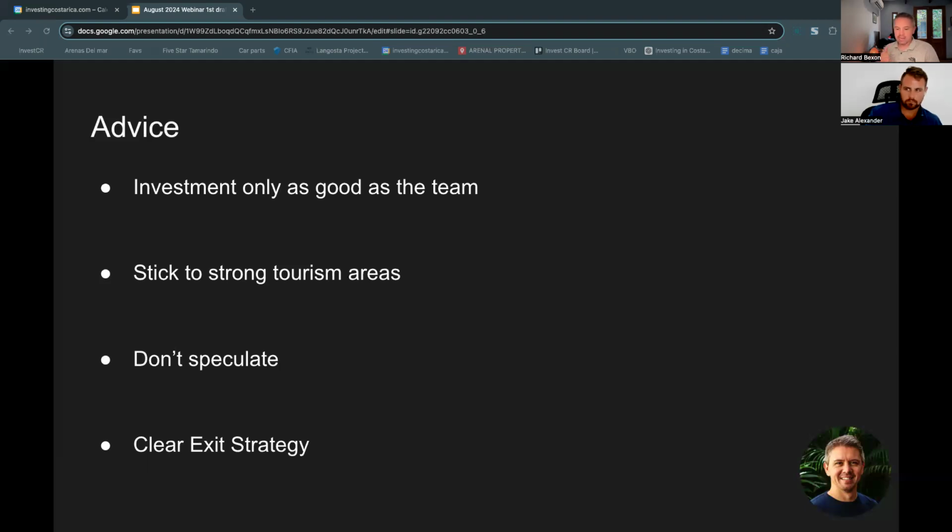It makes a listing agent's job easy when he can say, hey guys, there's also, I don't know, $100,000 of future revenue on the books as well. That's a very easy sell. So that's our advice on investing in Costa Rica on a vacation rental.